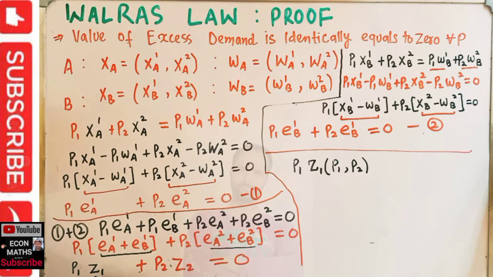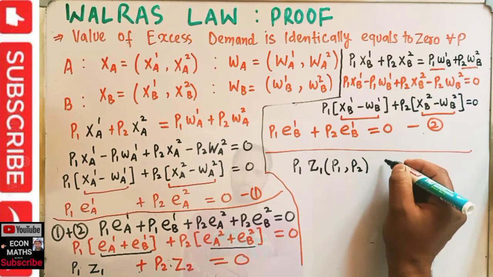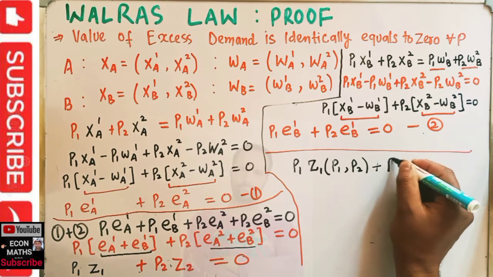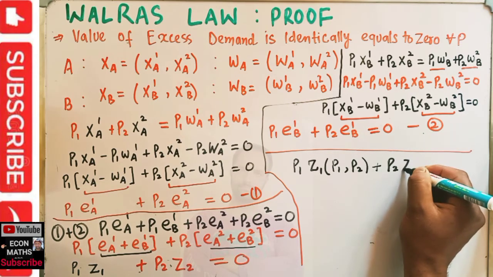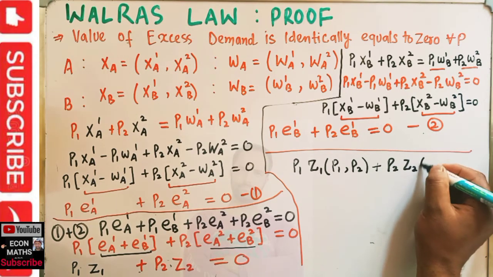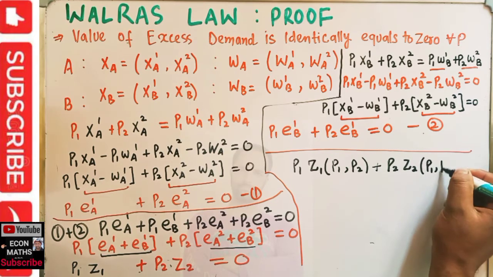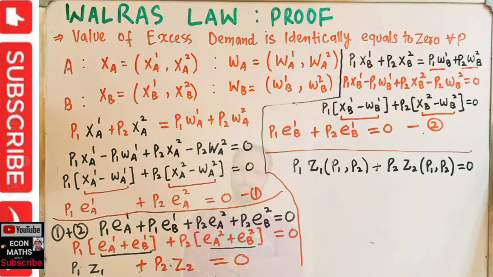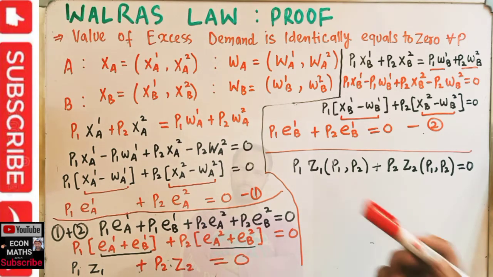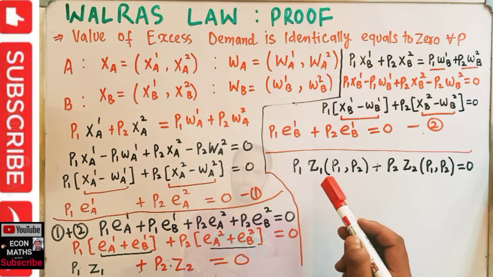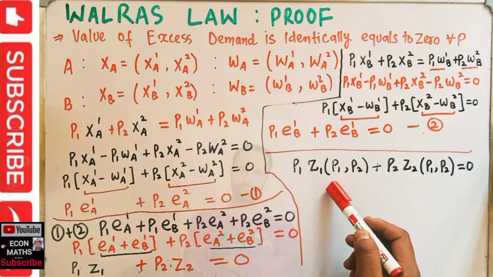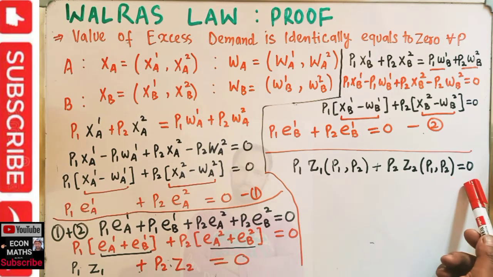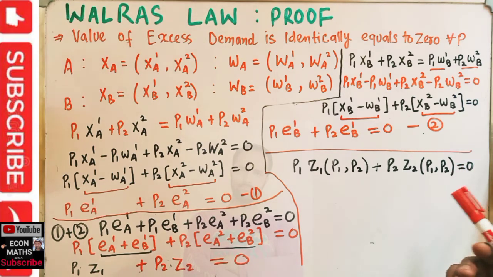You can write it here also, but for the sake of simplicity I am writing it like this, P2 into Z2, which is a function of P1 and P2, is equal to 0. This is our Walras law. It says aggregate excess demand is identically equal to 0 for all prices, not necessarily at the equilibrium prices, but on all prices.